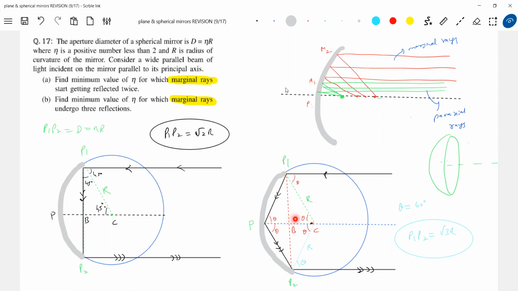Sir, C P1 P is the reflected angle. That will also be theta. Then we can tell triangle C P1 P is isosceles, like CP is equal to R equal to CP1. From there we can tell that angle P1 P C is also theta. P1 C and PC equal R. This distance is equal to this distance, no?